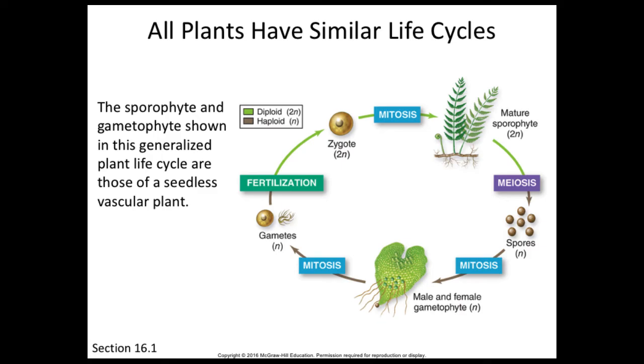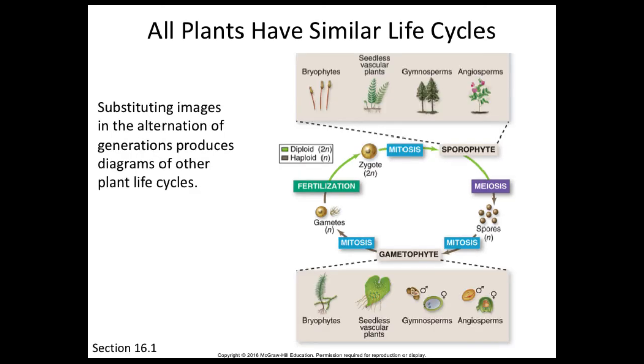So this is an example for you to see, but do note that these life cycles are different for all of the 4 evolutionary plant groups that we just talked about. Substituting images in the alternation of generations produces diagrams of the other plant life cycles.